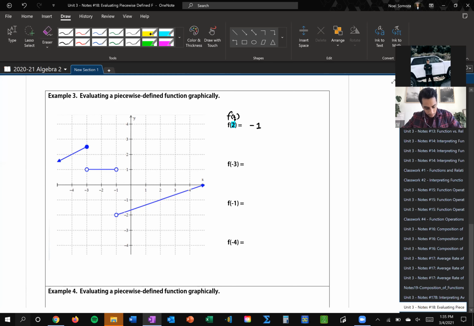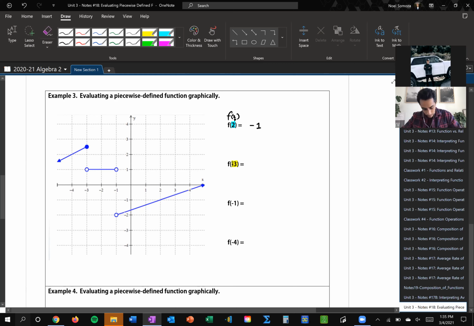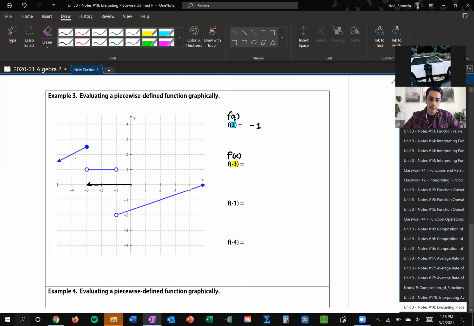Next one. Here's a tricky one. What is the output when x is -3? We want to think of x is -3. So we go to -3. I want to go up and meet the graph. Now, what do you think? Is it undefined? Is it 2.5? Which one is it?